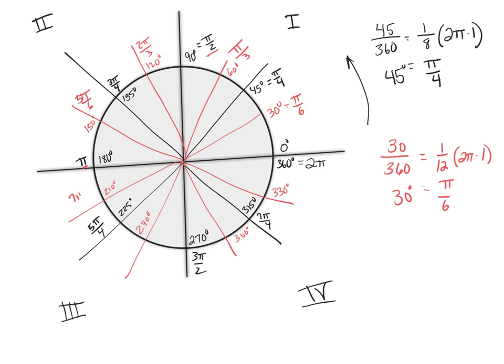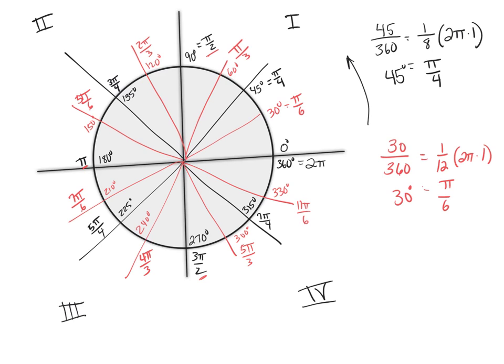Then 7 pi over 6. 8 pi over 6 reduces. 9 pi over 6 reduces to 3 pi over 2. Then we have 10 pi over 6. 11 pi over 6. And then 12 pi over 6 is at 2 pi again.